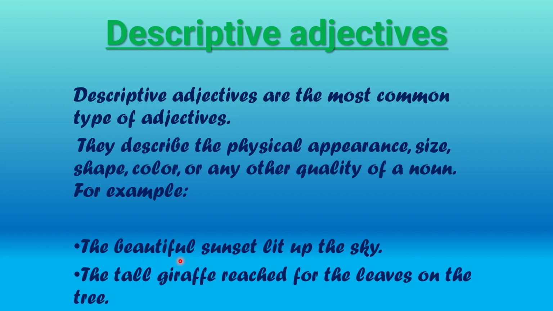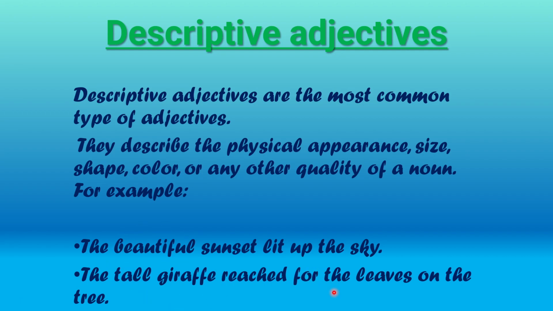Let's go to another sentence. The tall giraffe reached for the leaves on the trees. So how is the giraffe? It's tall. It's describing something, right? It's describing the giraffe.